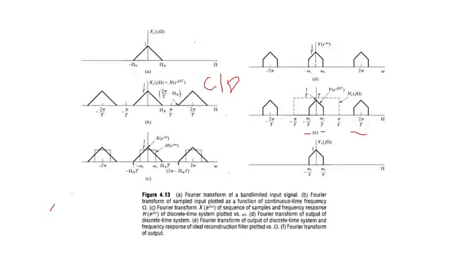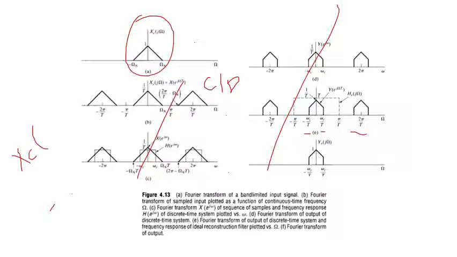We know that this signal is a band limited signal. And when the signal is band limited and Nyquist criteria is satisfied, we don't need to do all these things. What we can do, we can directly apply H effective.